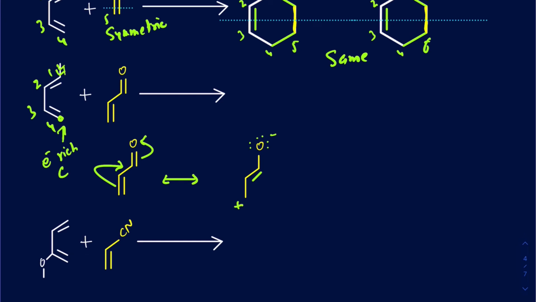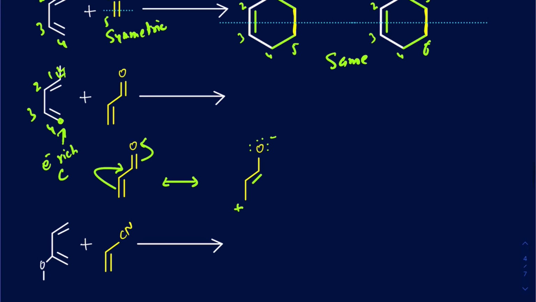So if I call this 5 and this 6, the carbon 5 is going to be the electron poor carbon based on this resonance. As a result, once you know which one is the most electron rich carbon in the diene, and which one is the most electron poor carbon in the dienophile, those are the ones that are going to initiate the arrows.